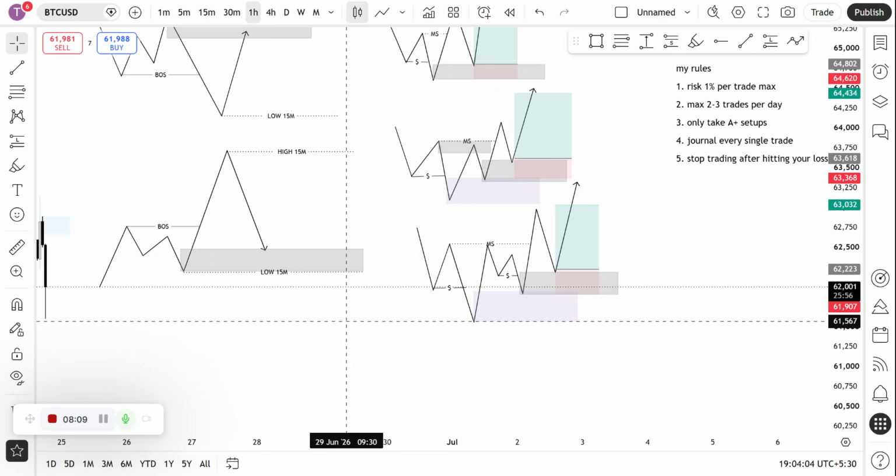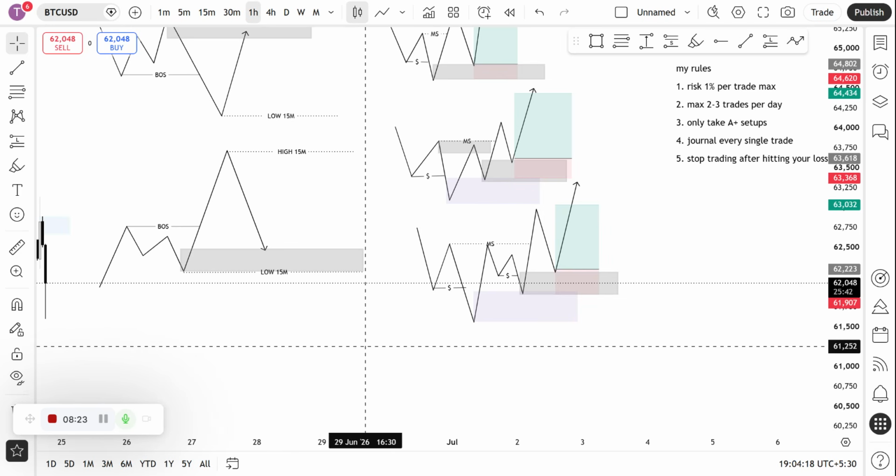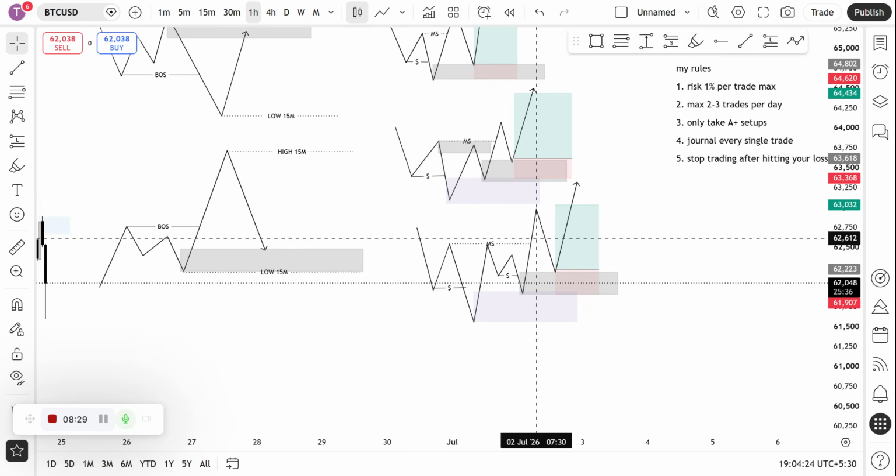You are waiting for three things or four things. Number one, you're waiting for the liquidity sweep, for the inducement. Number two, you are waiting for the liquidity sweep. Number three, you are waiting for the market to shift either to the upside or to the downside. As you can see, shifting to the upside confirms to you that the market is now shifting to bullish.